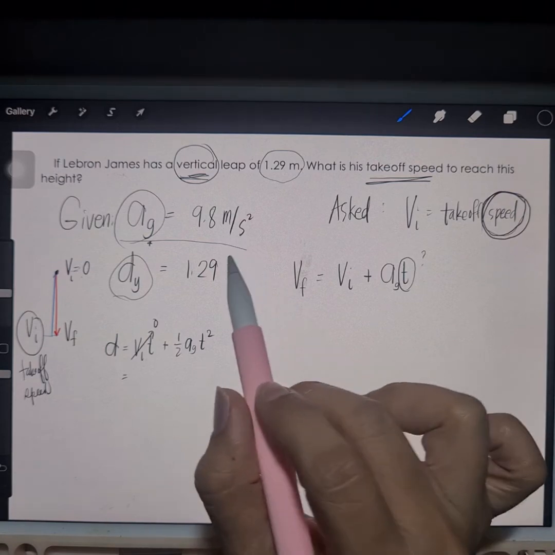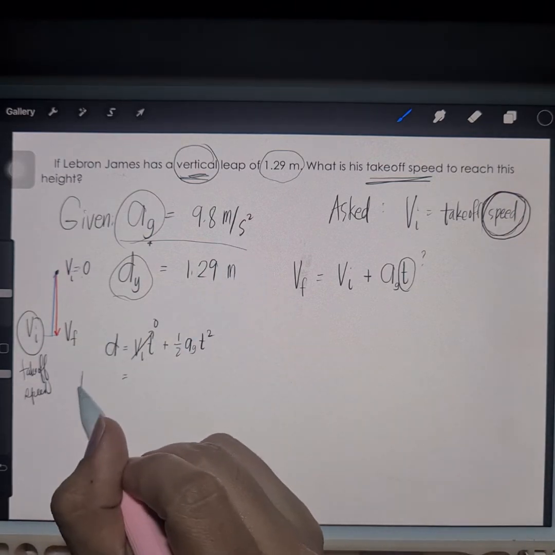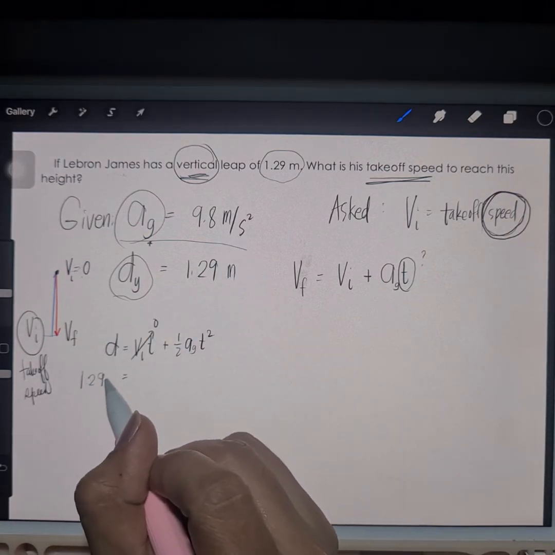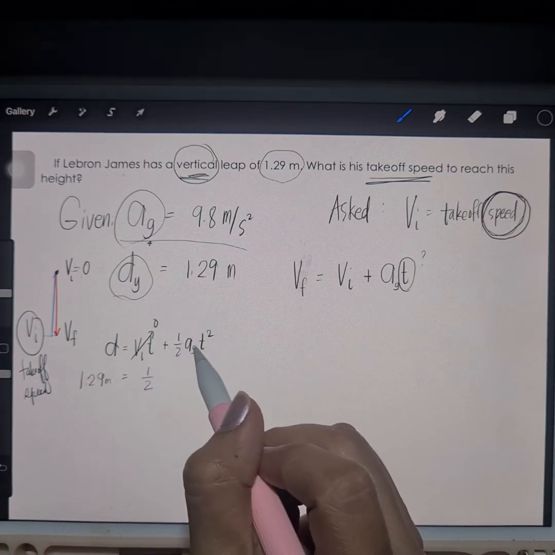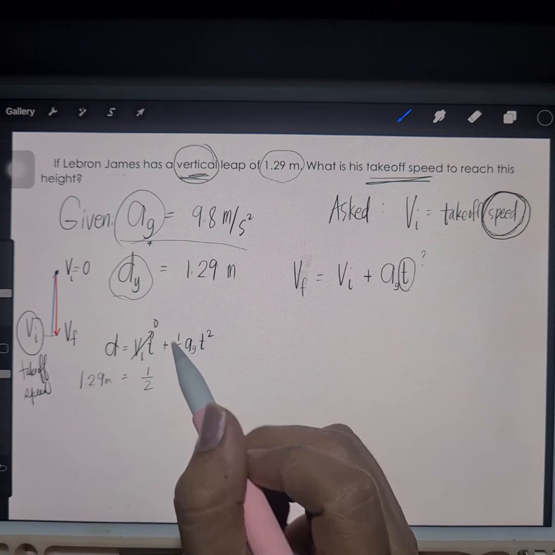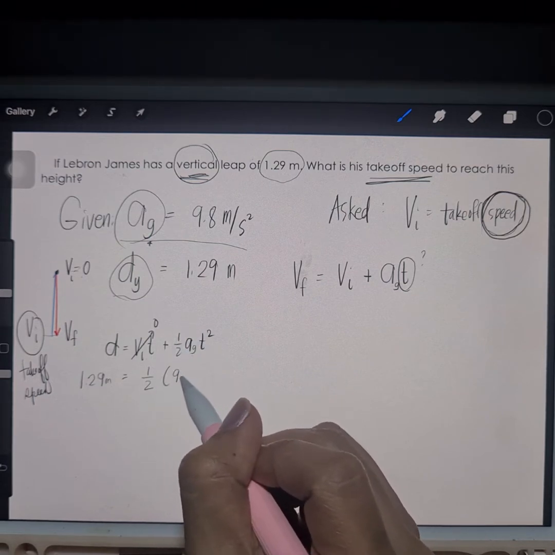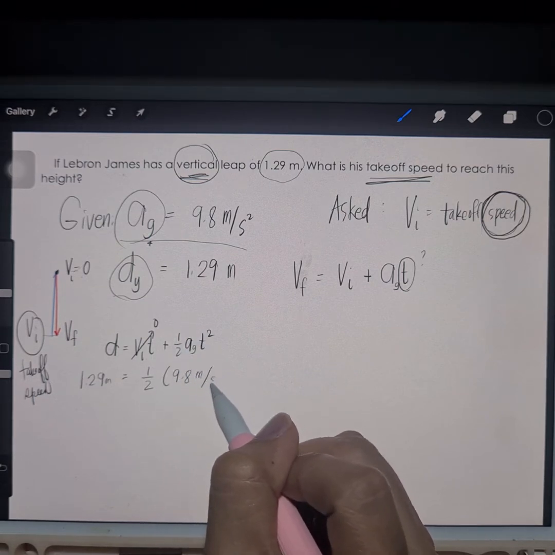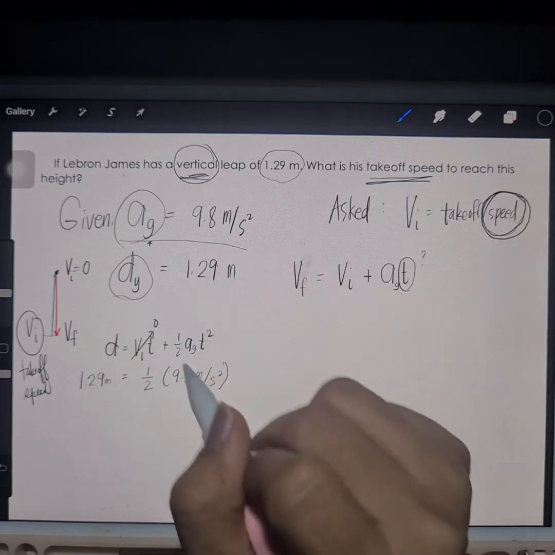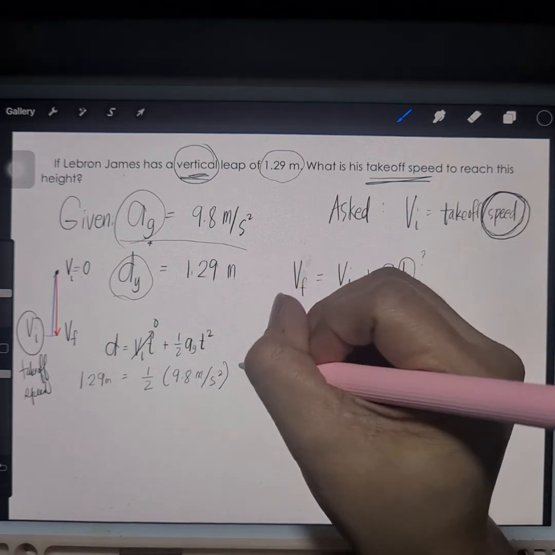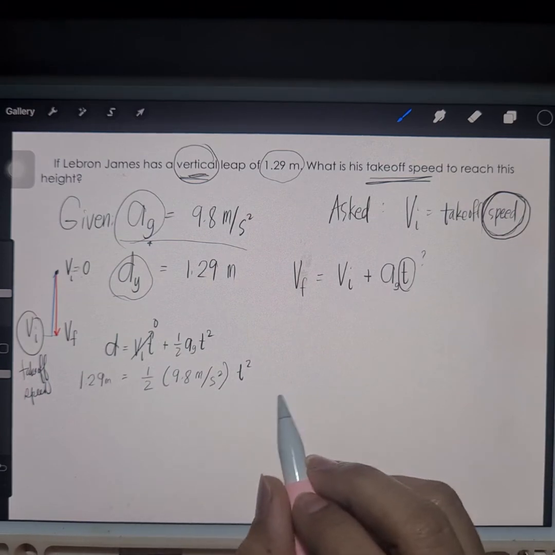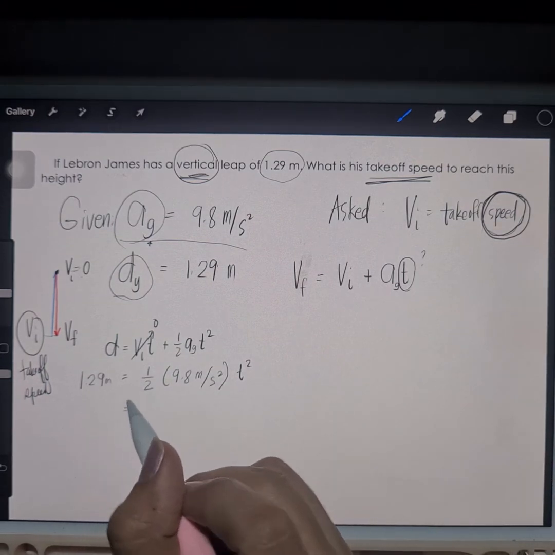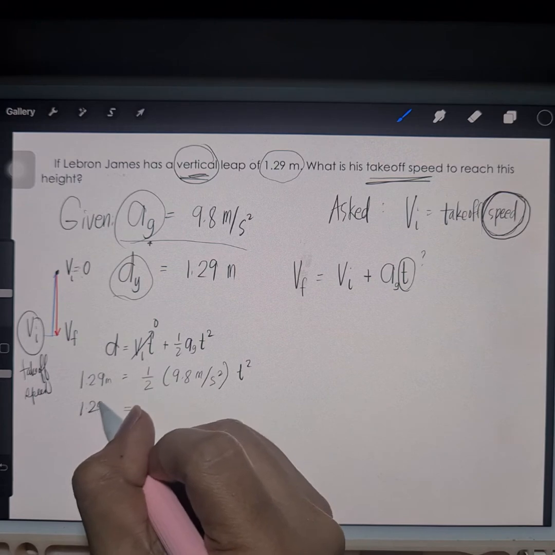Now let's assign values. We have 1.29 meters, and then 1/2 acceleration due to gravity, the value for that is 9.8 meters per second squared. And for the time, of course, this is our unknown in this formula. So let's solve. We have 1.29 meters.